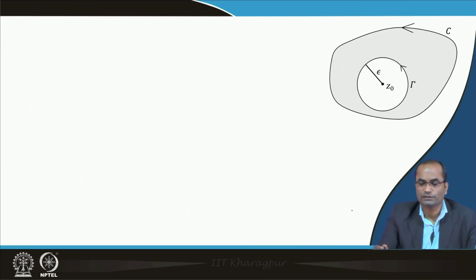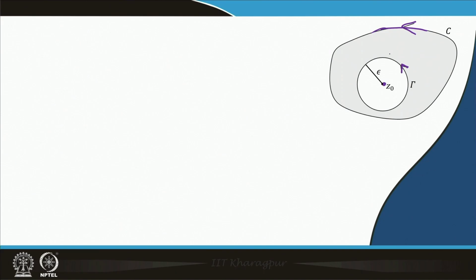So, this is the situation: this is the simple closed curve here, and this was z0, which is inside. Enclosing this z0, we have drawn a circle of radius epsilon.